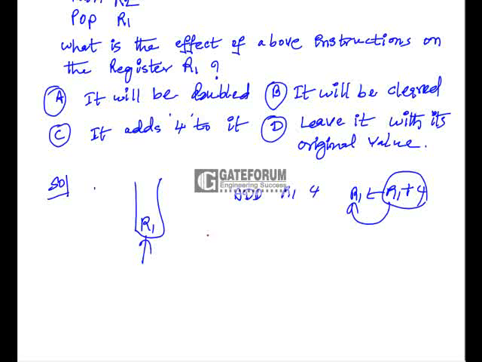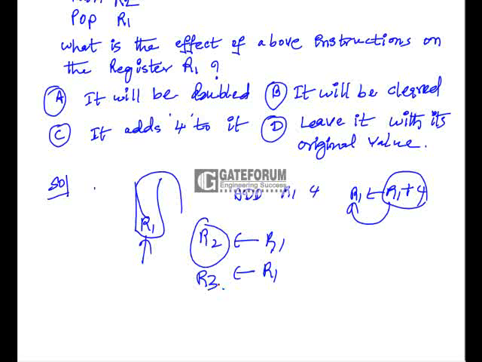Pop R2 means into R2 the content at the top of the stack will be taken. Now in R2 the original R1 value is there, which is not R1 plus 4. Move R3 comma R1: now the R1 value is also transferred to R3.